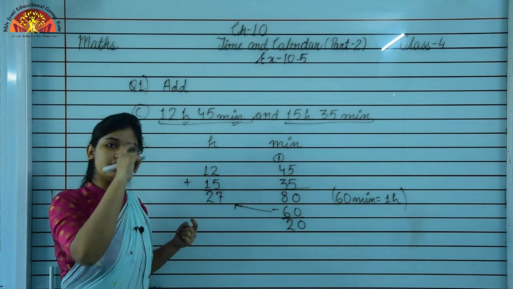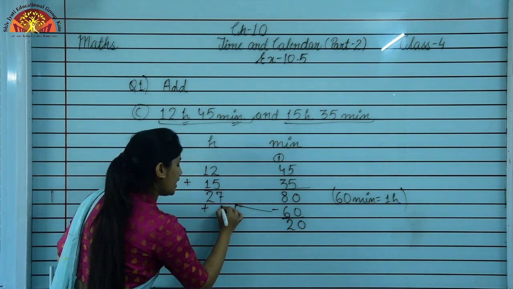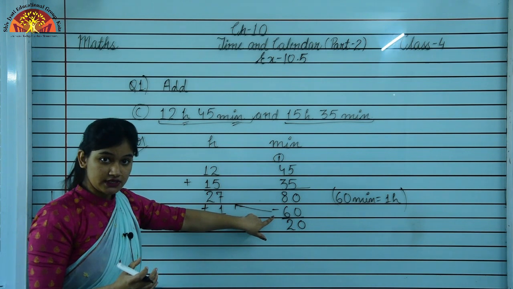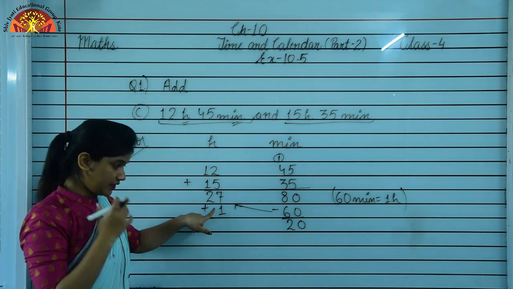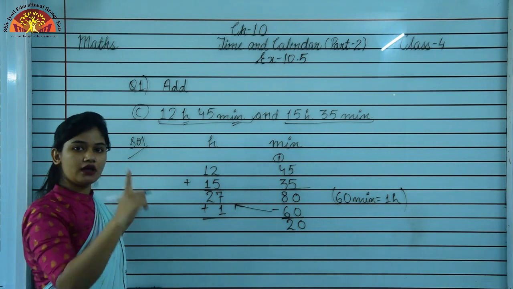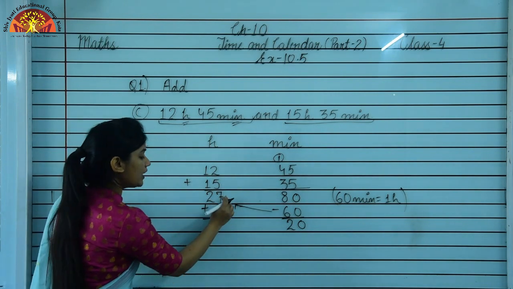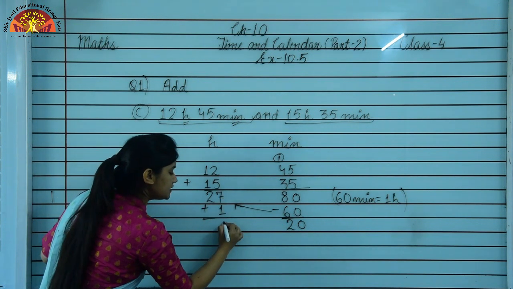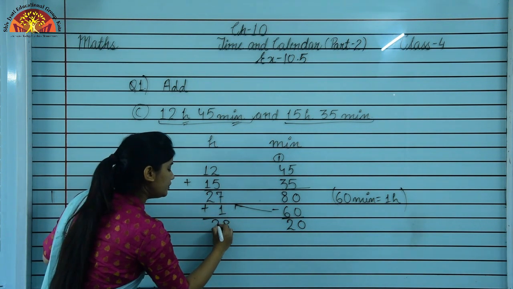And we have to add 1 hour. Why are we adding 1? We have 60 minutes, still we are adding 1, because as soon as 60 minutes comes to hours it becomes 1 hour. Is it clear? Now we have to add 1 hour to 27 hours. 7 plus 1 is 8 and 2 will be as it is.